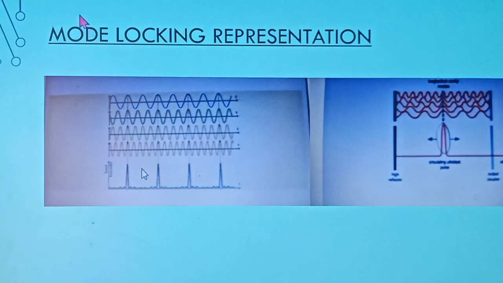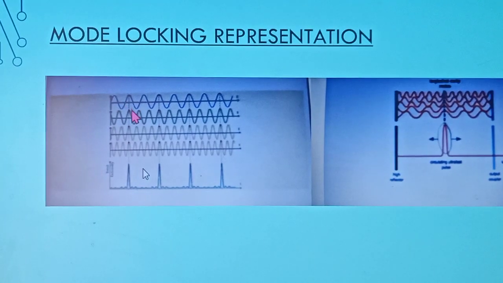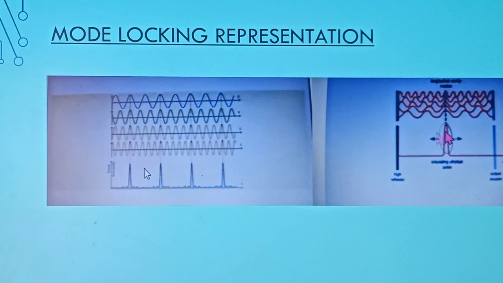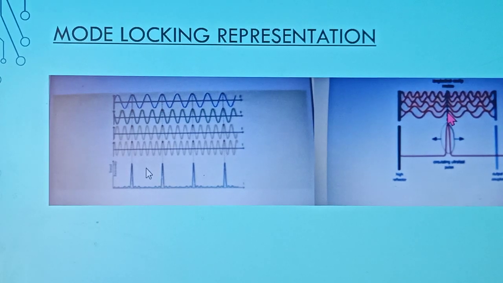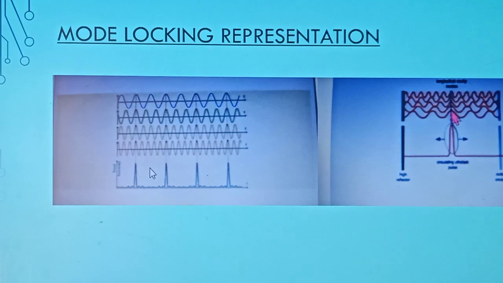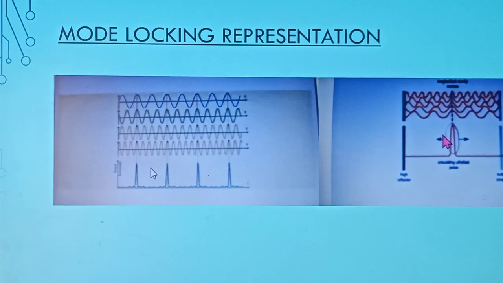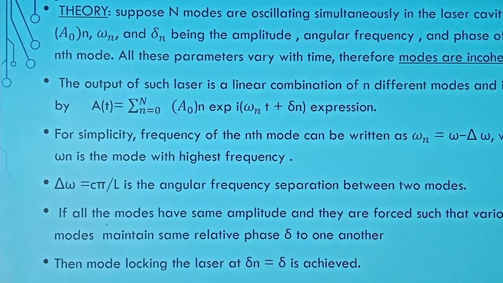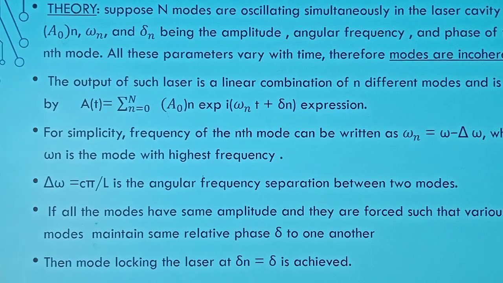When the mode is locked, then we get a resultant pulse over here that repeats. So here, see here, all of them have the same phase delta, and therefore we get a resultant pulse. This is of extremely short duration. A bit of theory about this.